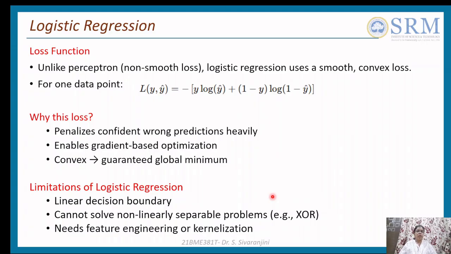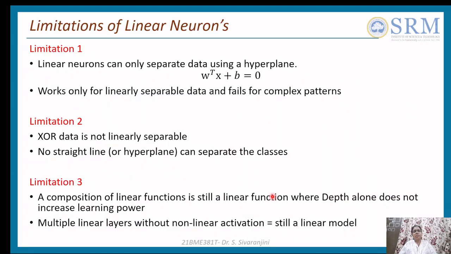So what are the limitations of the linear neurons utilized in perceptrons, multi-layer perceptrons, SVMs, or logistic regression? The first limitation, as we already saw: we can only separate the data using a hyperplane. It works well for linearly separable data and does not work for complex patterns.